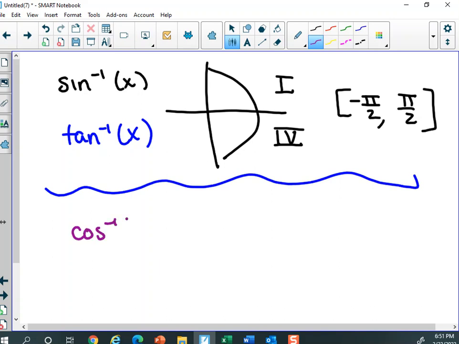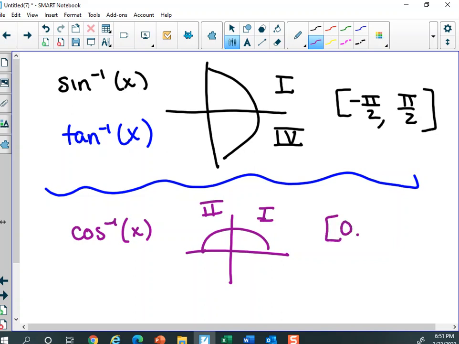Inverse cosine is the one that's a little different. For inverse cosine, we look at quadrants 1 and 2 to get our answers. Our angle answers are between 0 and pi. We need to use our unit circle to help us do these. If we're working non-calculator, then that's pretty much our main tool.